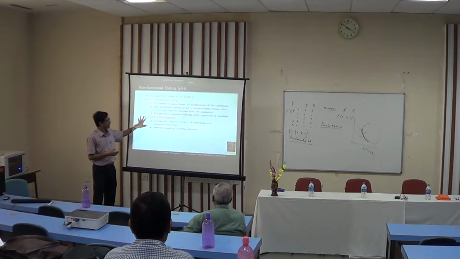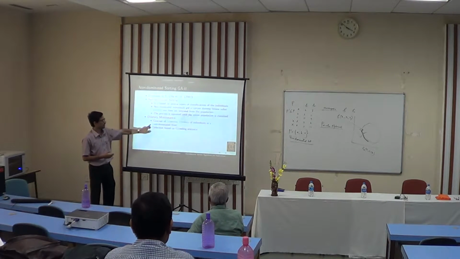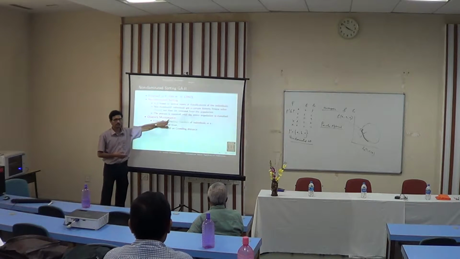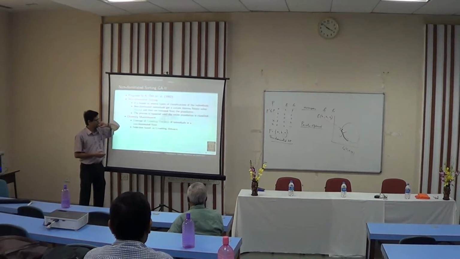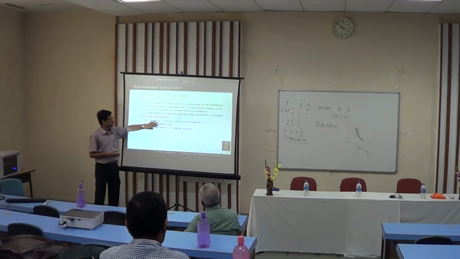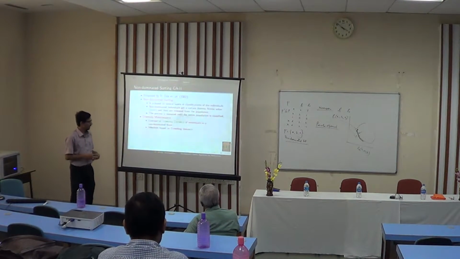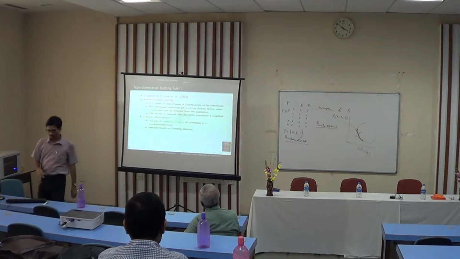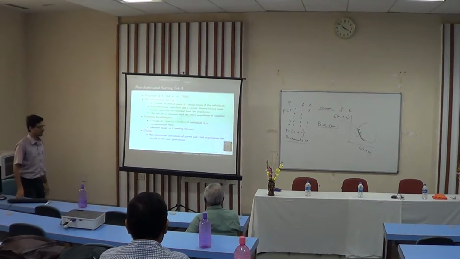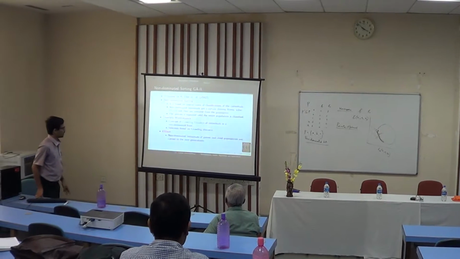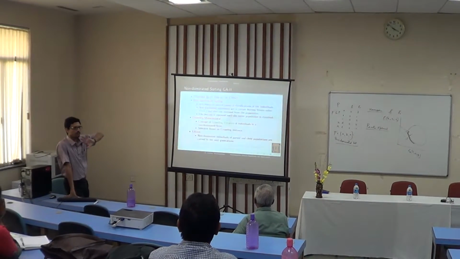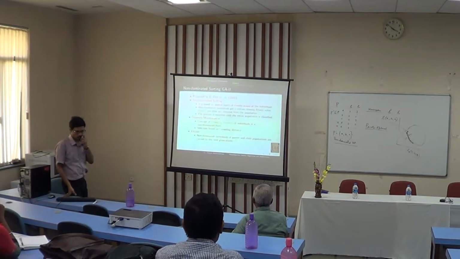That is taken care of by diversity maintenance. There is a concept called crowding distance that I discussed, which is used for maintaining diversity in the population. We can also have elitism here, which means keeping track of the best solutions from the previous generations.